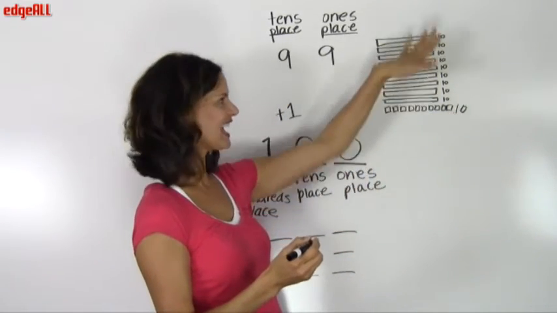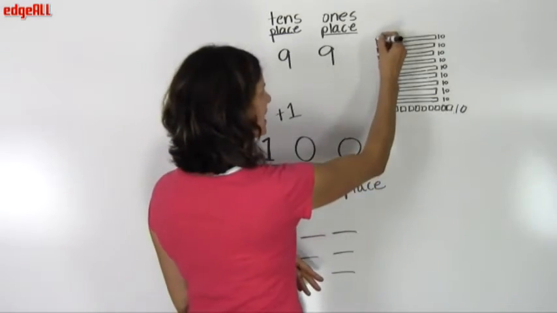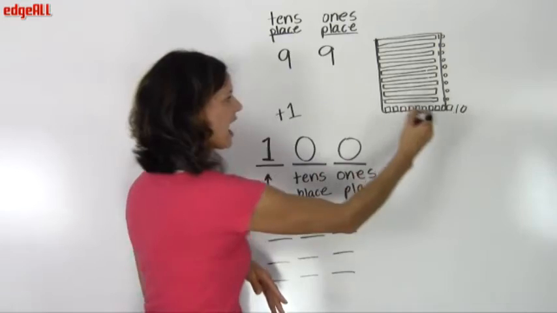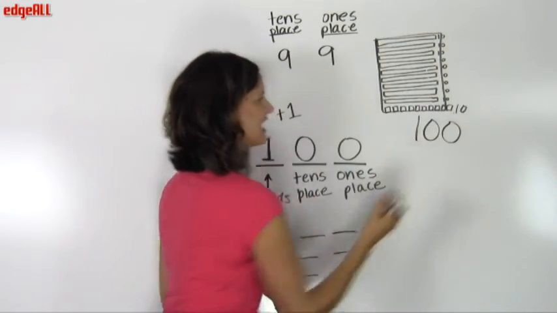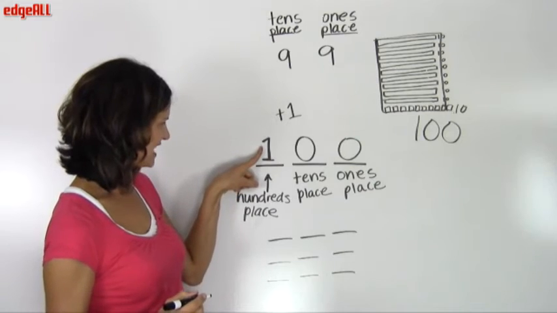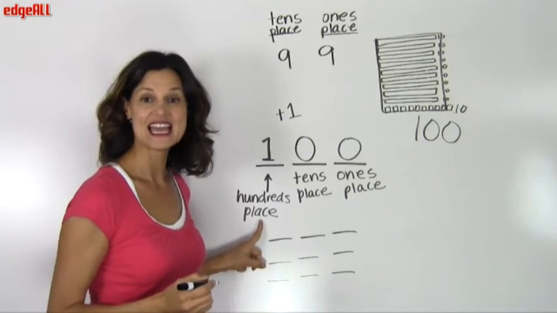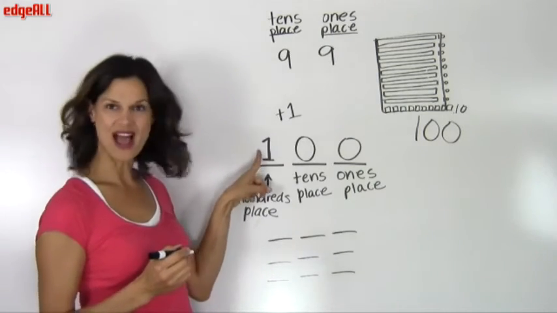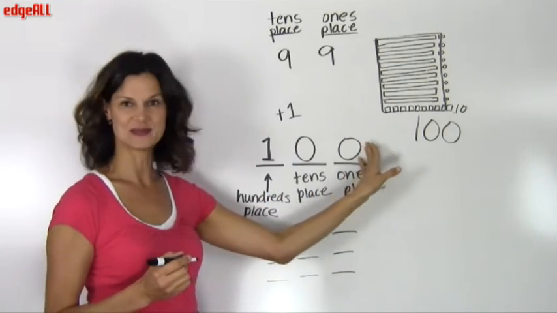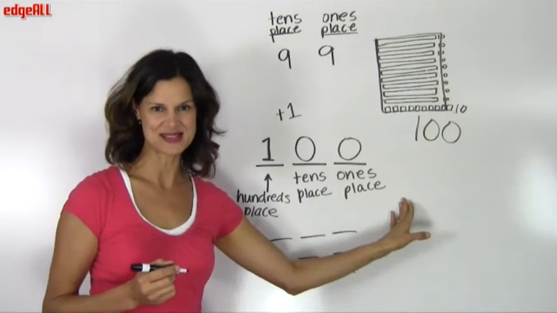But instead of looking at this as 10 bars of 10, we're going to think of this as one big group of 100 items. One big group of 100. So we have 1 in our hundreds place to represent that we have one group of 100. And now we have 0 in our tens place and 0 in our ones place.